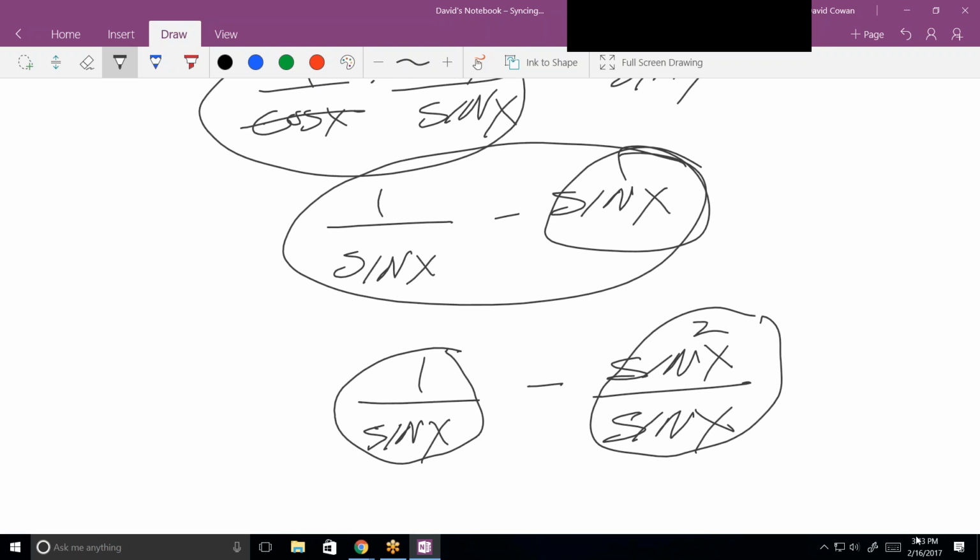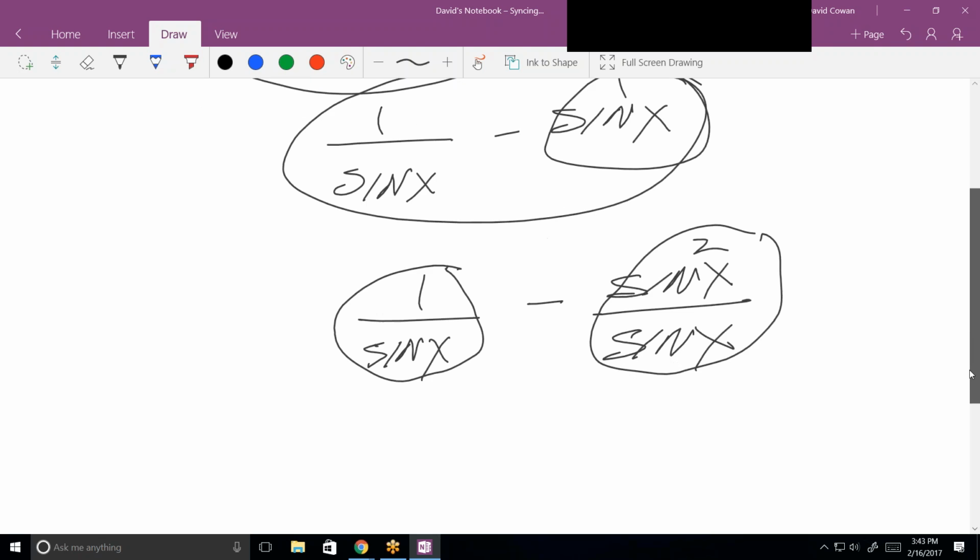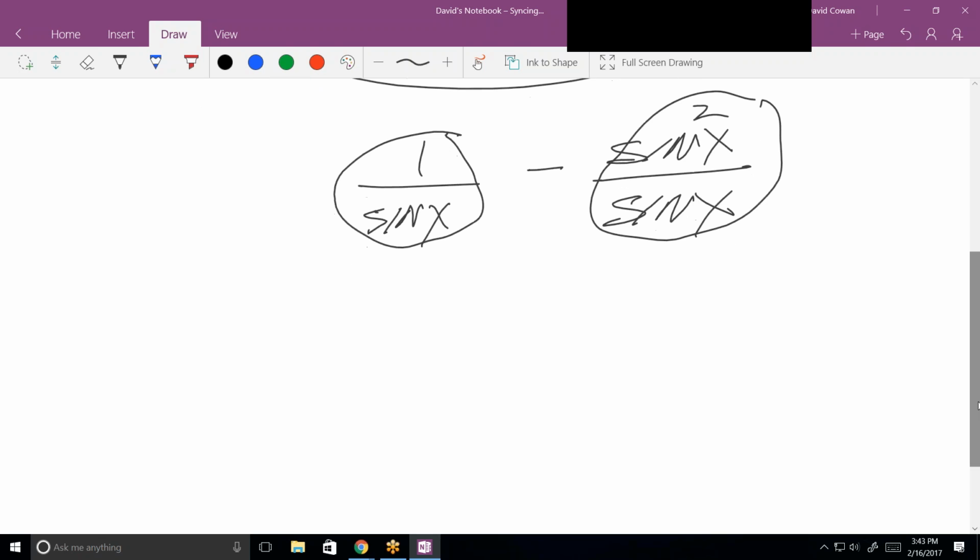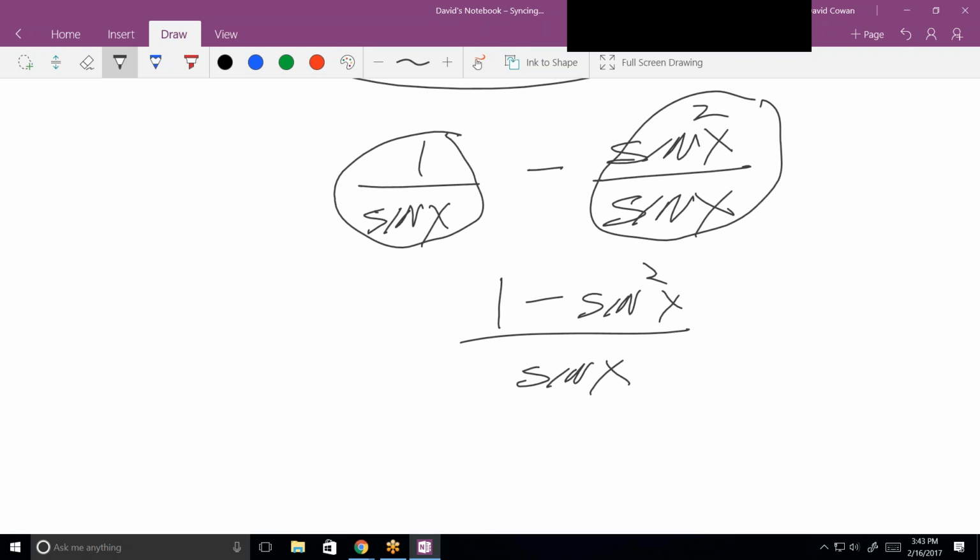So that's correct. And now, when I combine those two fractions, because I can now do so because they have a common denominator, what do I get? 1 minus sine squared x over sine squared x. Just sine? Well, we're subtracting, we're not multiplying.